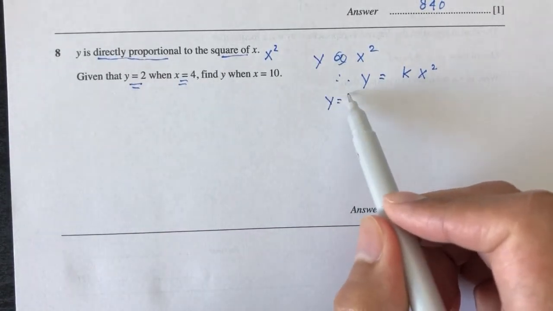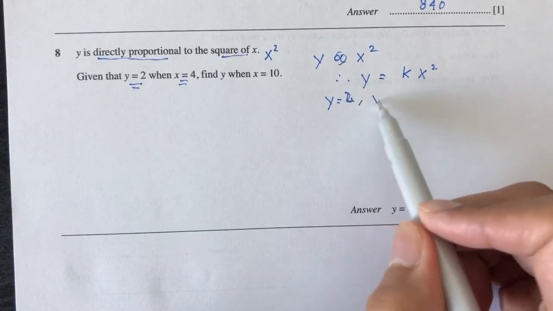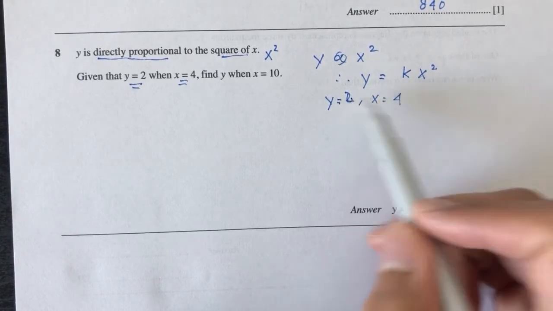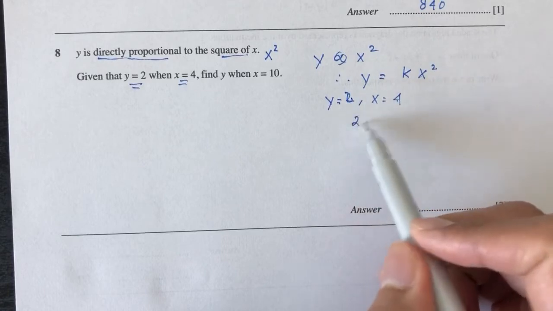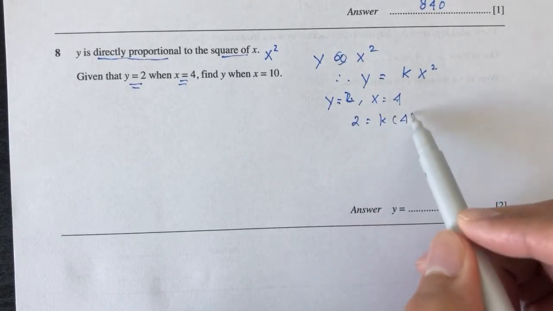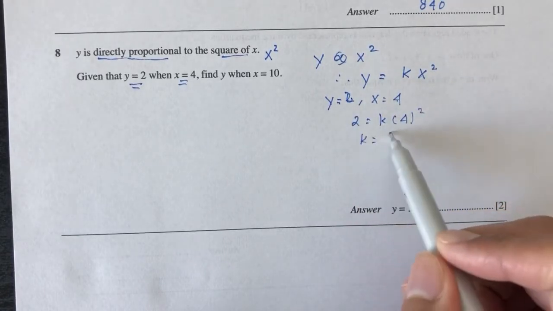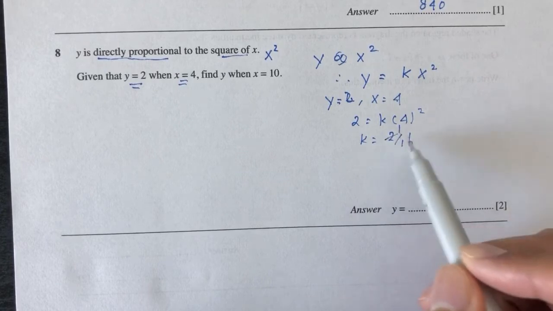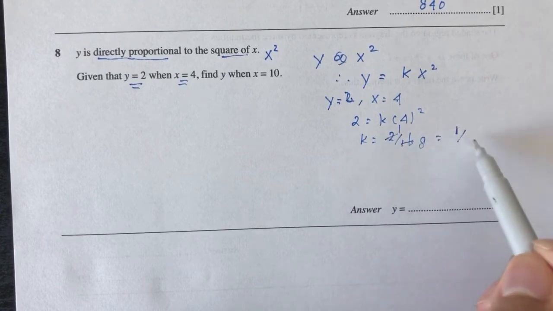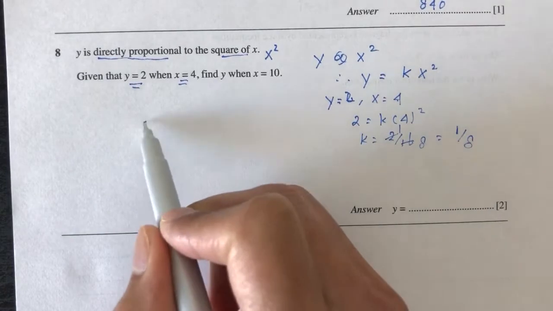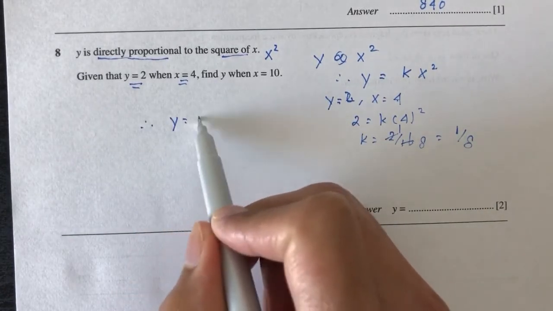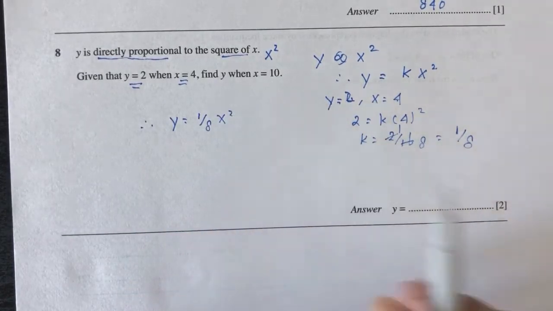It says y equal to 2 when x equal to 4. So we replace that back in. We have 2 equal to k times 16. So k equal to 2 divided by 16, which is 1 over 8. So k is 1 over 8. Okay, so now the new equation will be y equal to 1 over 8 x squared.